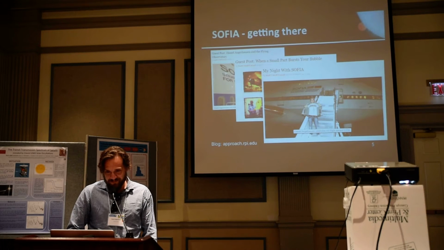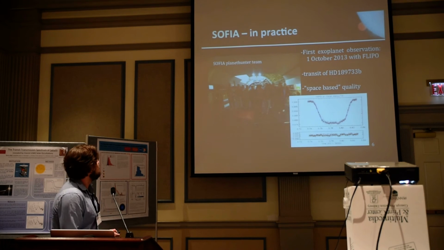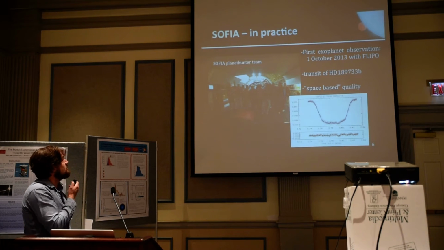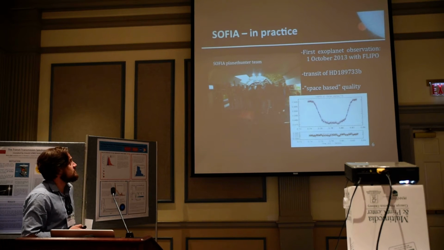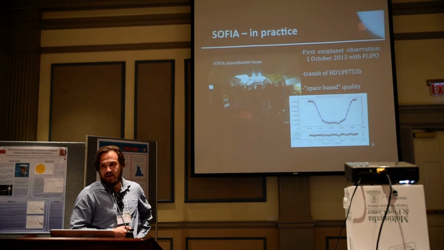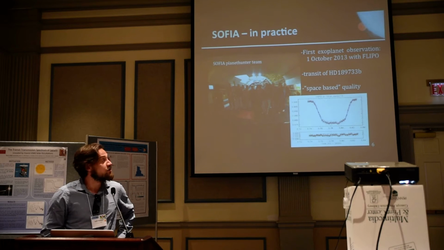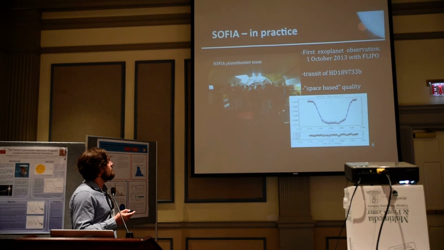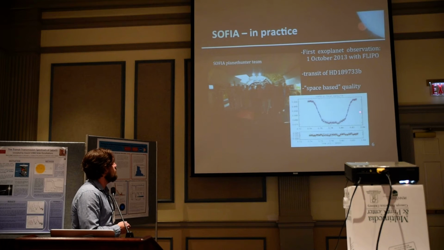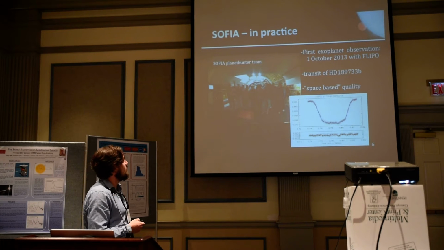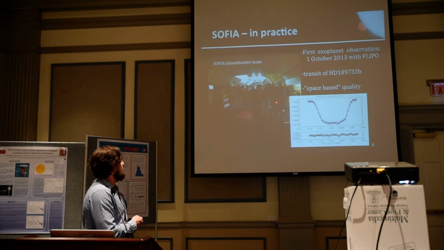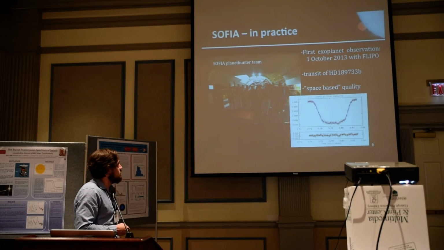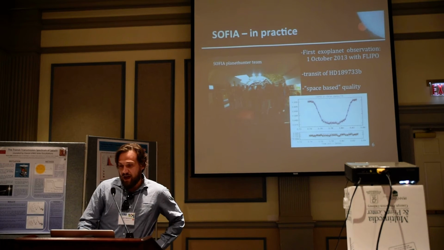And so then, finally on October 1st, 2013, we got our first exoplanet observation with HIPO, which is the combined instrument of FLITECAM in the infrared and HIPO in the optical, and we observed the transit of HD 189733b. And this is the first light curve we get, and this is absolute photometry.